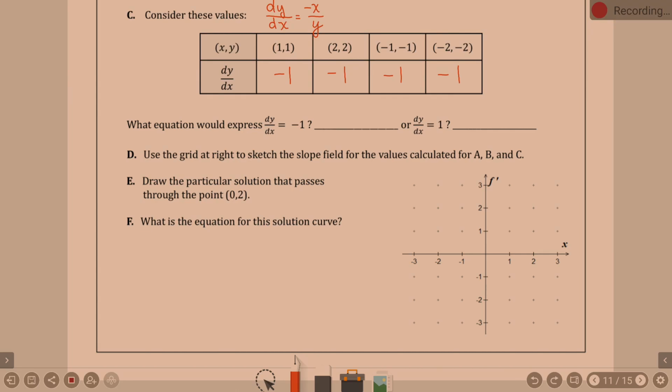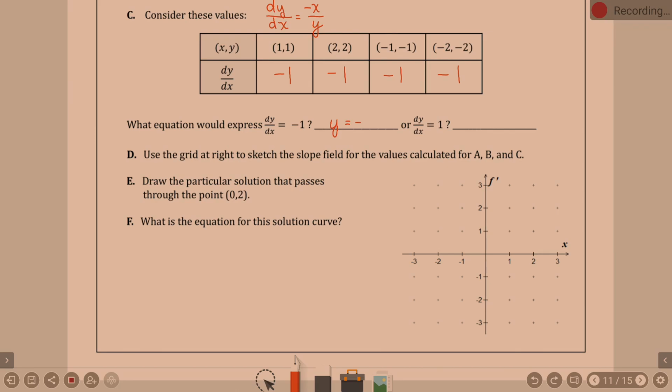So negative x over y. If we want a negative slope, because remember this is saying dy/dx equals -1, so a negative slope, it's actually going to not be when y equals x, but y equals the opposite of x. So y equals -x is what we're looking at here. Does that make sense?